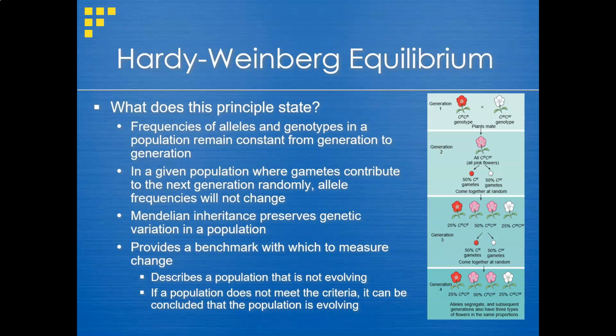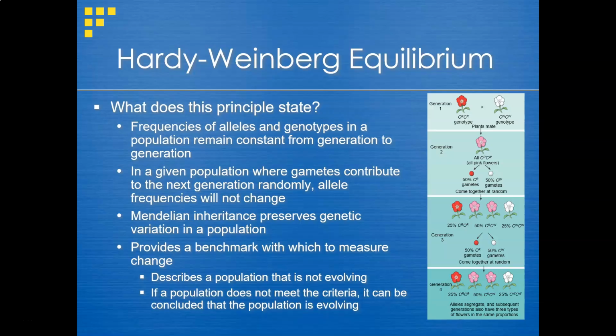Okay, so no matter what I do to the gene pool collectively, what I start with will always be the same ratio of alleles that I end up with in the following generation, assuming a certain set of criteria are met.